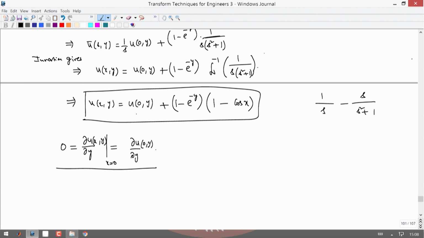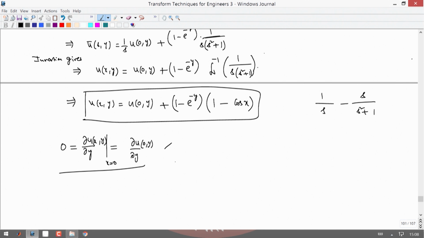So, that means ∂u/∂y at (0, y), you are not getting anything. So, you should get back your u at (0, y), but you will not get that. So, you are not gaining anything.